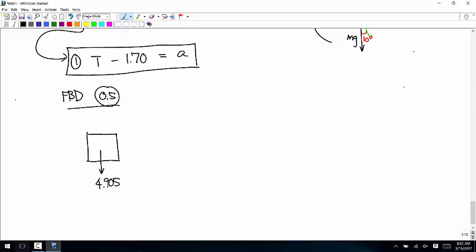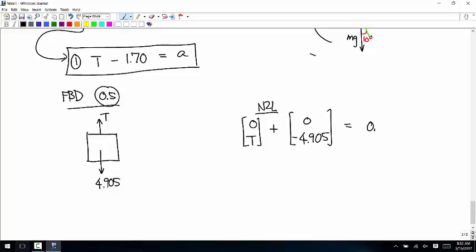And the cable force is parallel to the cable, away from the chosen body. So Newton's second law says 0 times T plus 0 negative 4.905 is equal to the mass of the chosen body, 0.5.